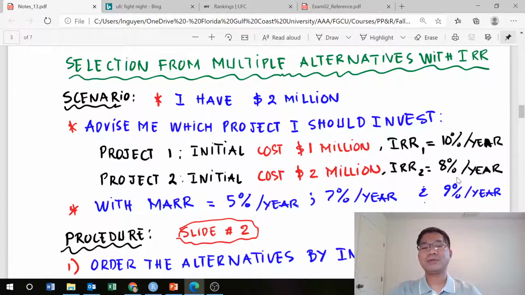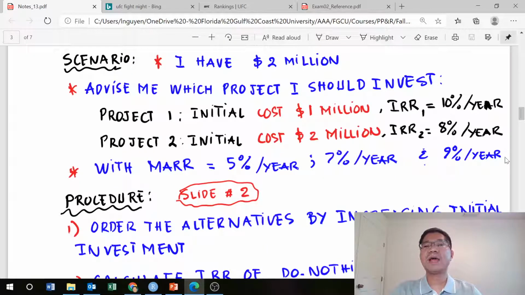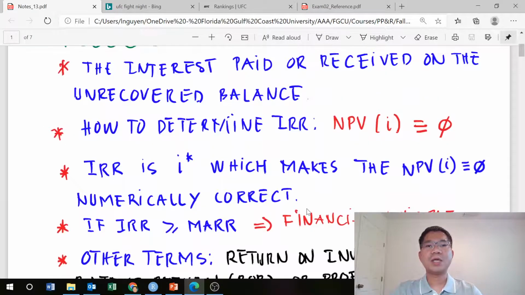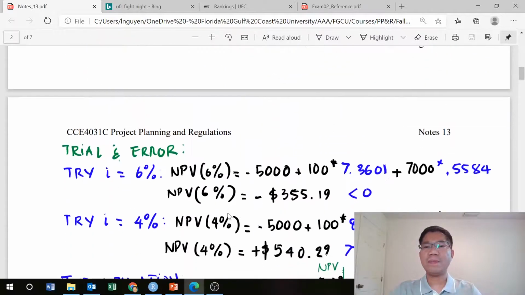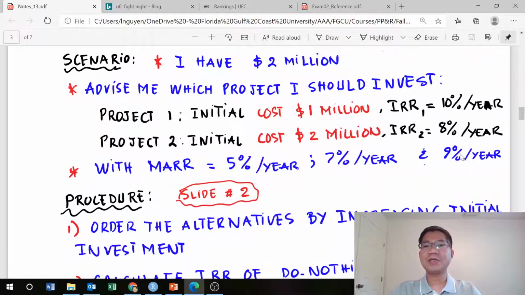The first scenario, the minimum attractive rate of return is 9% per year. Then remember, in the first lesson video, what do we say? IRR greater than MAR, financially viable. If it's less than MAR, it's not financially viable. So if my minimum attractive rate of return is 9% per year, then for sure project 2, the IRR only 8% per year, is less than MAR 9% per year.